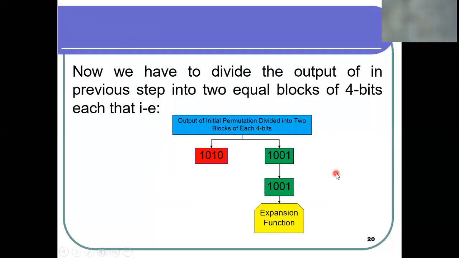Now we have to divide the output of the previous step into two equal blocks of 4 bits each, and we will work with the right chunk of 4 bits. I place it in red color and then green color, and I just take the green one, 1001, and then apply the expansion function.